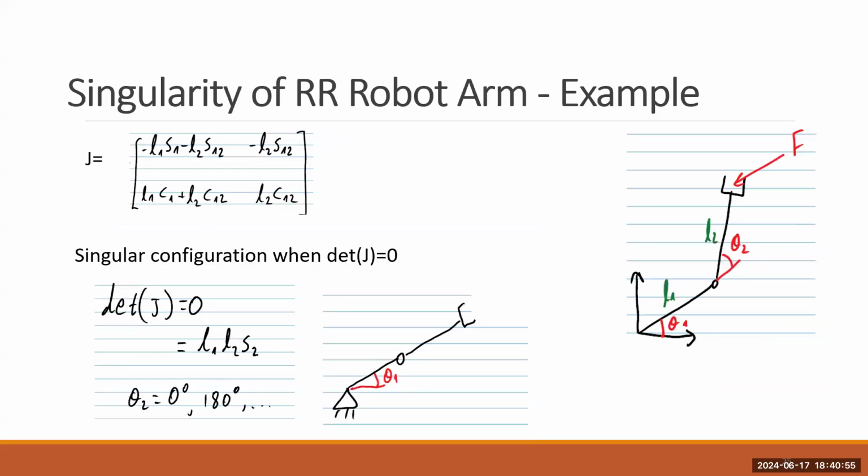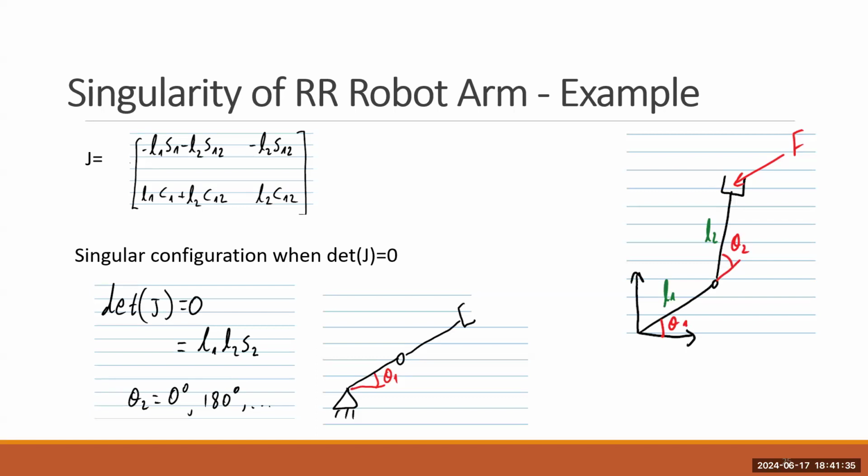Now we can look at this Jacobian and see when it is in singular configuration. We take the determinant of the Jacobian. If we take the determinant of this, you'll see minus L1 S1 times L2 cosine θ1+θ2, and this minus this times this.